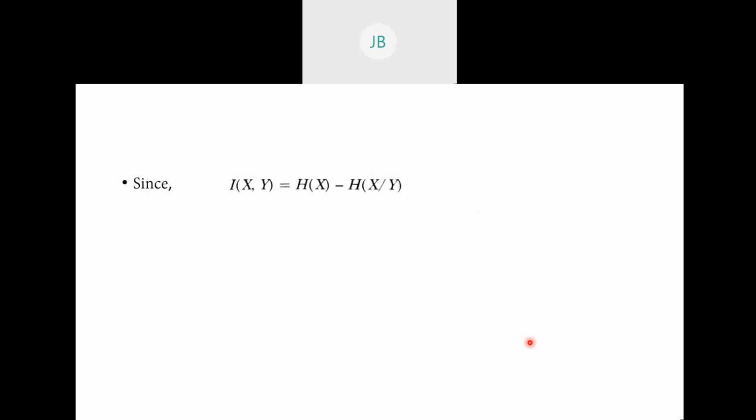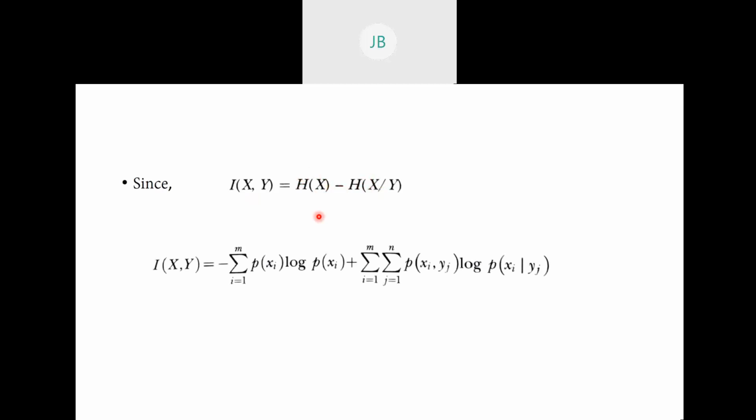So we also know that the mutual information between x and y is equal to the entropy of the input minus the conditional entropy of the input. Now, how can we rewrite this term? Mutual information between x and y is equal to, actually we will be expanding this entropy term and rewriting it in terms of probability.